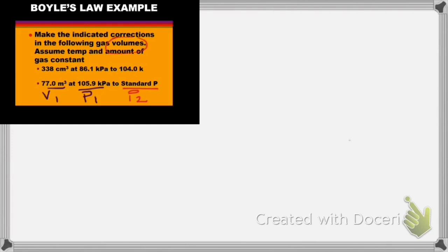And again, we are looking for our volume. Again, we know we're using Boyle's law because temperature and amount of gas are constant. So P1V1 is going to equal P2V2.